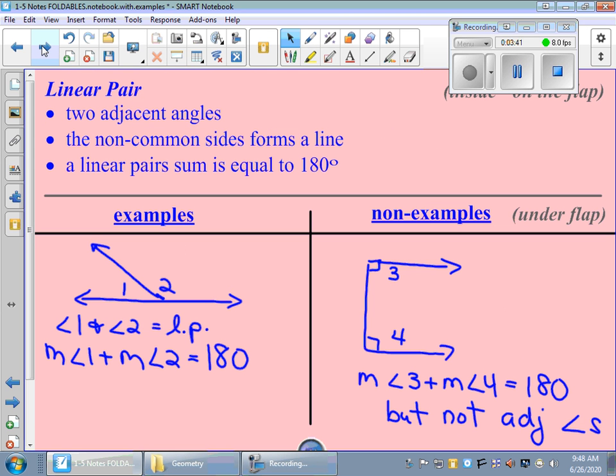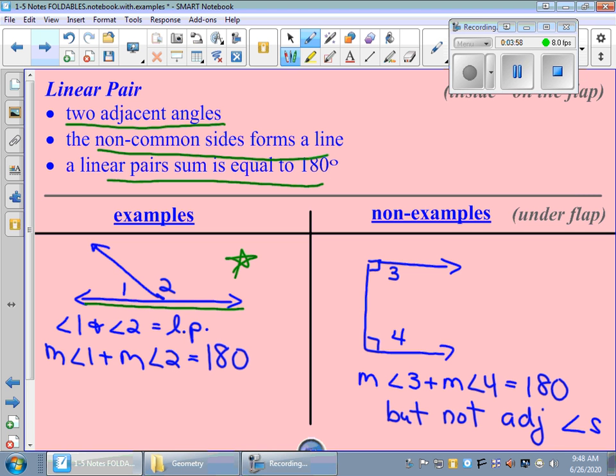Next definition is what's called a linear pair. A linear pair is two adjacent angles whose non-common sides form a line, and a linear pair sums to 180. So a lot of information. Here's our example that is a true and good example. You can see the straight line right here. They're adjacent, so they share that common side and common vertex.